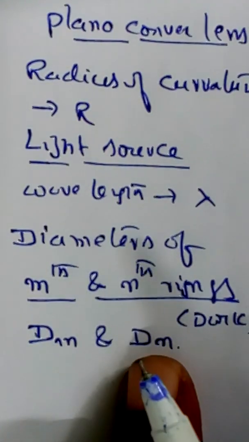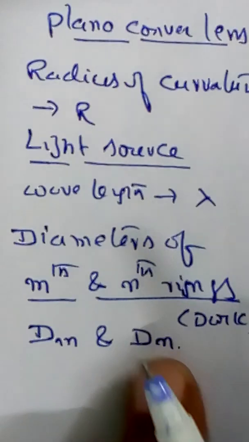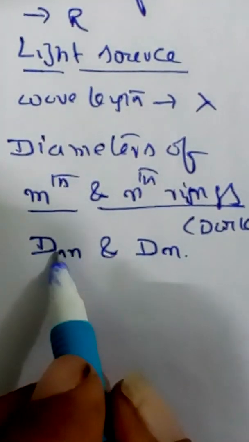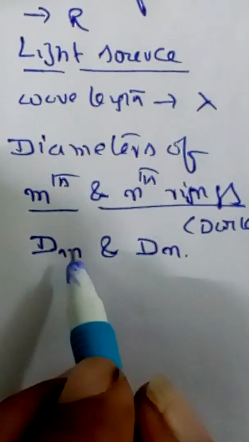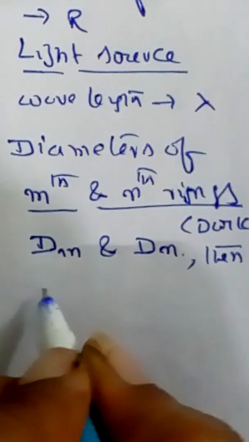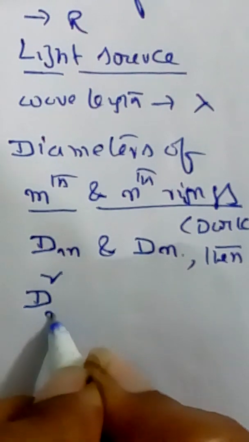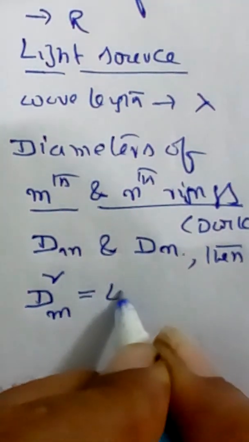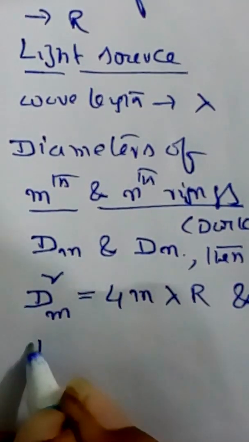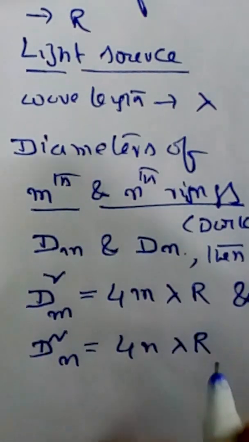So dm and dn are the diameters of the mth and nth dark rings. We have already seen that if these are the diameters of the mth and nth dark rings, then from the known formula earlier, d square m is equal to 4m lambda R and d square n is equal to 4n lambda R.